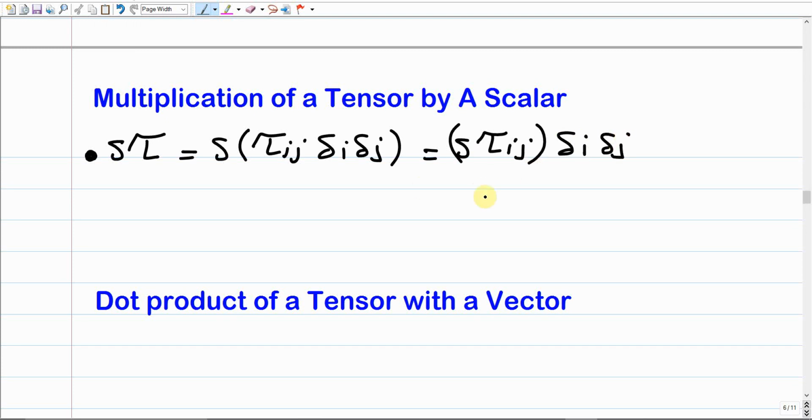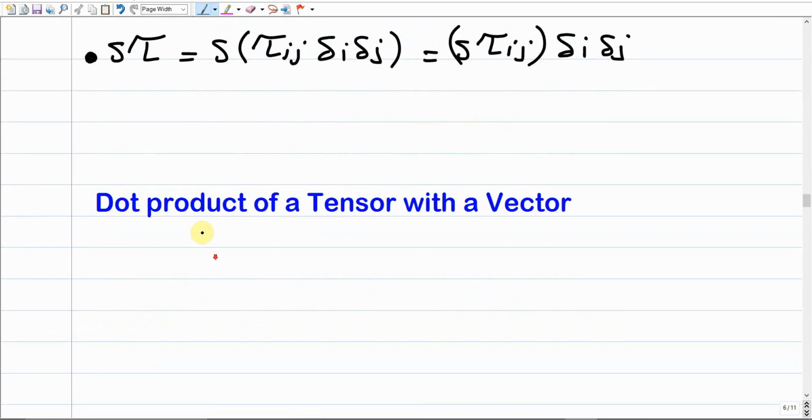You end up with typically the same tensor, but scaled by s. This is like a scaling operation, a very simple operation.